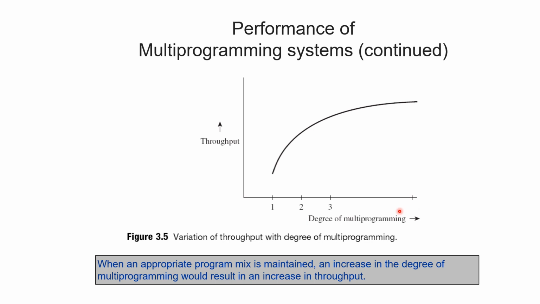To achieve it, we have an appropriate program mix, based on CPU bound and IO bound programs, and priority based preemptive scheduling, based on which the resource will be allocated. If the degree of multiprogramming is good, throughput also increases. So when an appropriate program mix is maintained, an increase in the degree of multiprogramming results in an increase in throughput. This is all about multiprogramming systems.